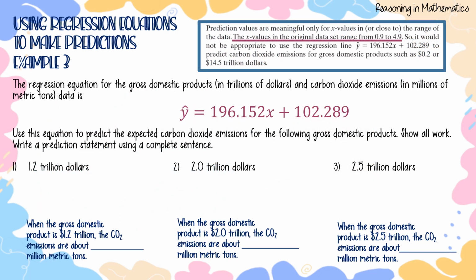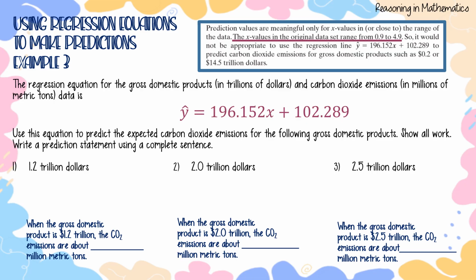Using regression equations to make predictions, this is example 3. Prediction values are meaningful only for X values in or close to the range of the data. The X values in the original data set, because we don't see the actual data, they're telling us it's from 0.9 to 4.9. So it would not be appropriate to use the regression line, and that's Y hat, because we are going to use it to make predictions.